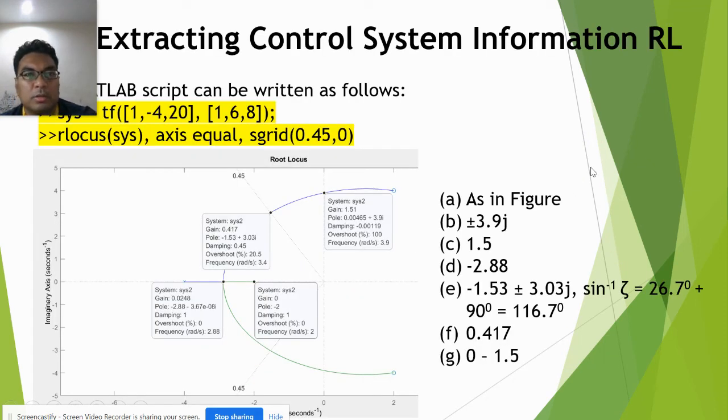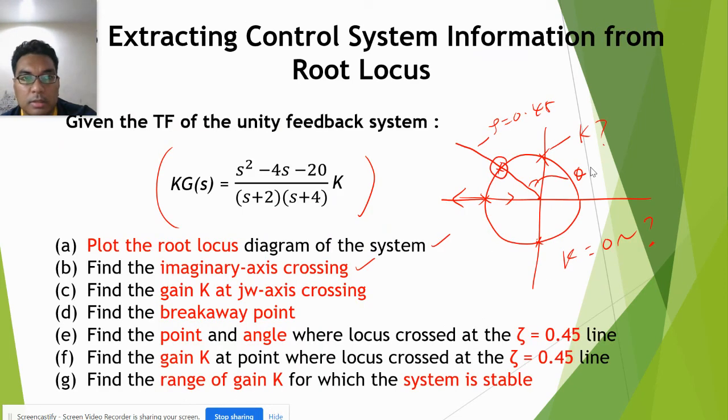I have already plotted it. You have the solution in the lower part here. The upper part is 1, this is 1 minus 4 minus 20, and the lower part will be 1, s power of 2 plus 6s plus 8.